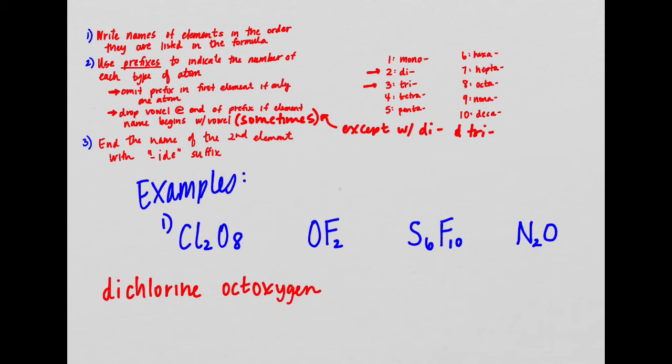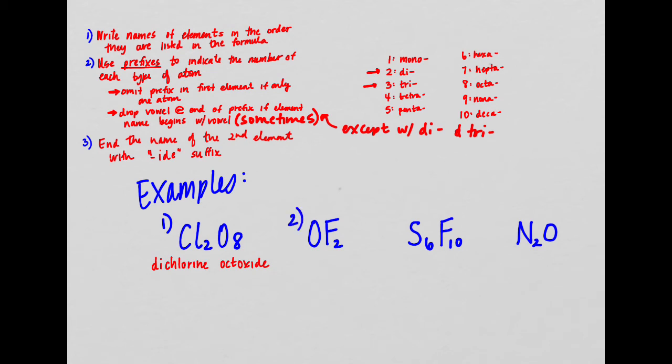So instead of oxygen, we would say oxide. That's why I had IDE here. Okay, so this is dichlorine octoxide. That's the name of number 1. Dichlorine octoxide.